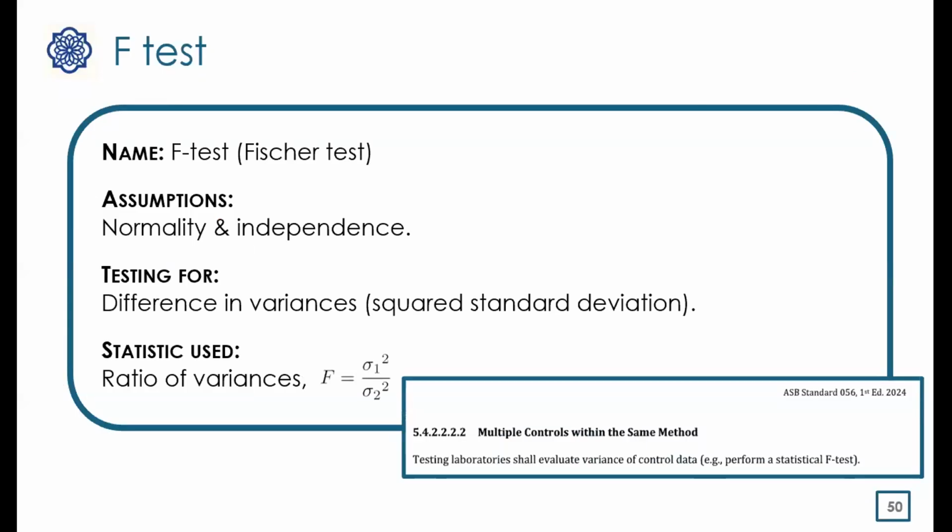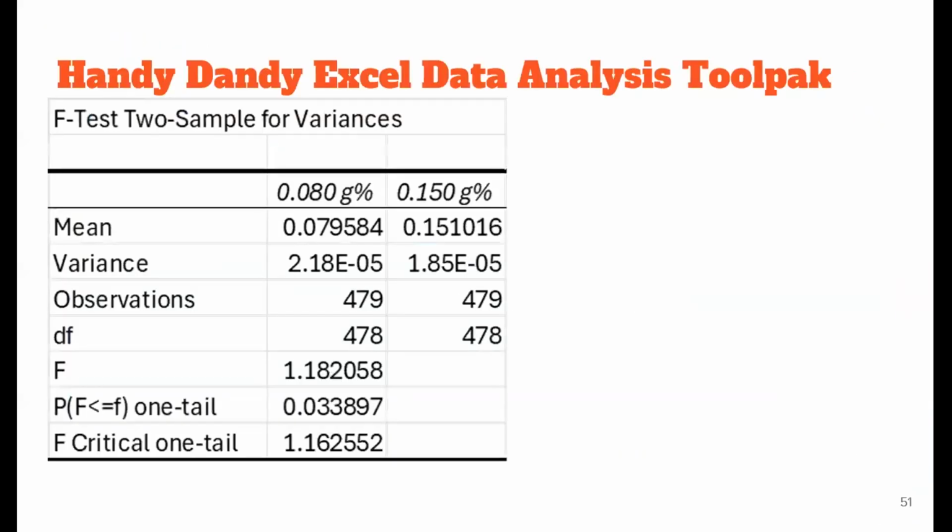And so we're just going to walk through once more what this F-test does for us, right? So one data set is the 0.08, the other data set is the 0.15. The mean and the variances appear here. And that p-value is here on the second to last line, 0.0339 approximately. So that one-tail p-value, right?